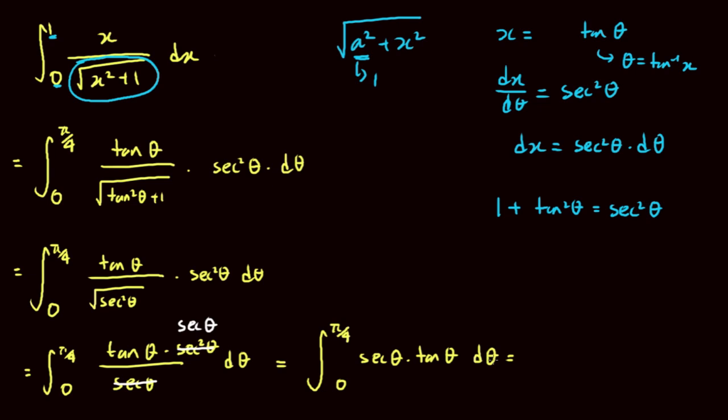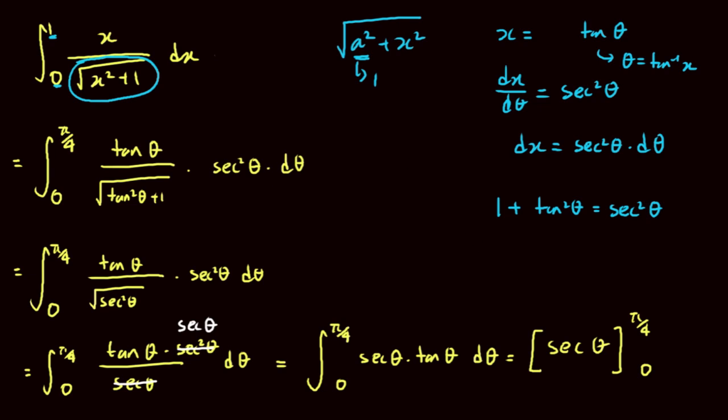This is obviously the antiderivative of sec theta tan theta, which is clearly, let me double check, just sec theta. I already know the answer is sec theta, but I'm just double checking. Evaluated from 0 to pi over 4. Okay, great.